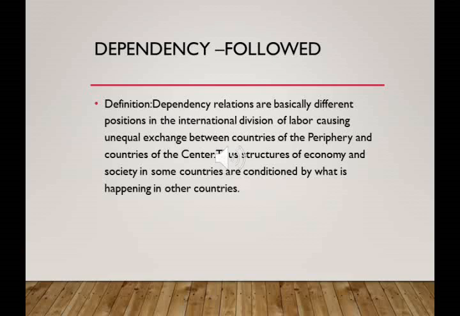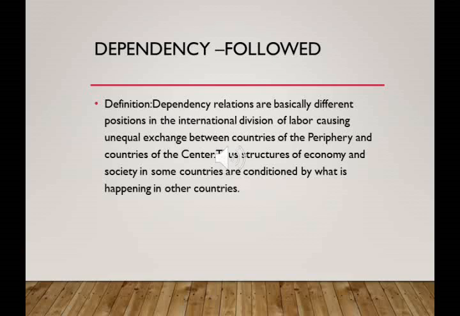We move now to the second school as part of this radical perspective on development. The dependency school argues that the world is divided between two groups of countries, the center and the periphery, or the metropoles and the satellites.